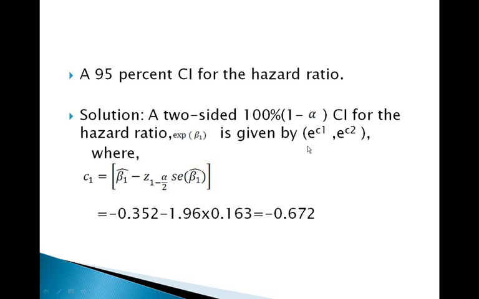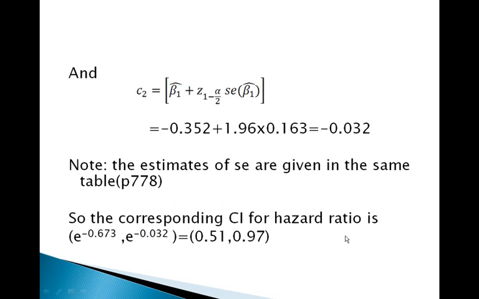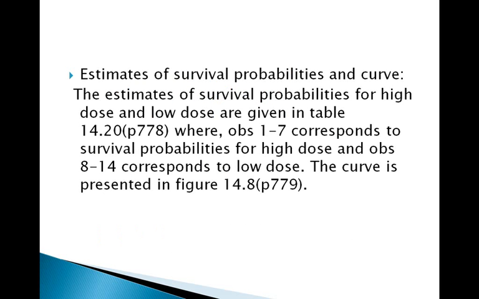We're not done yet. We also have to calculate C2 and exponentiate both the upper and lower bounds. C2 is minus 0.032, and exponentiating both bounds yields a confidence interval for the hazard ratio between 0.51 and 0.97.